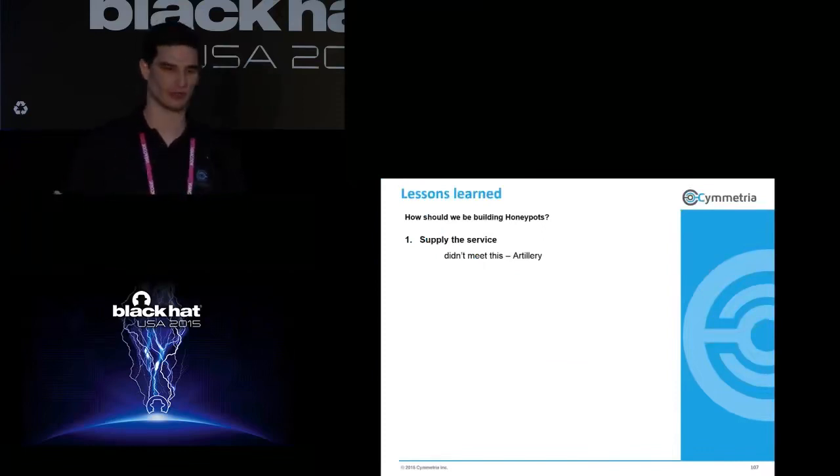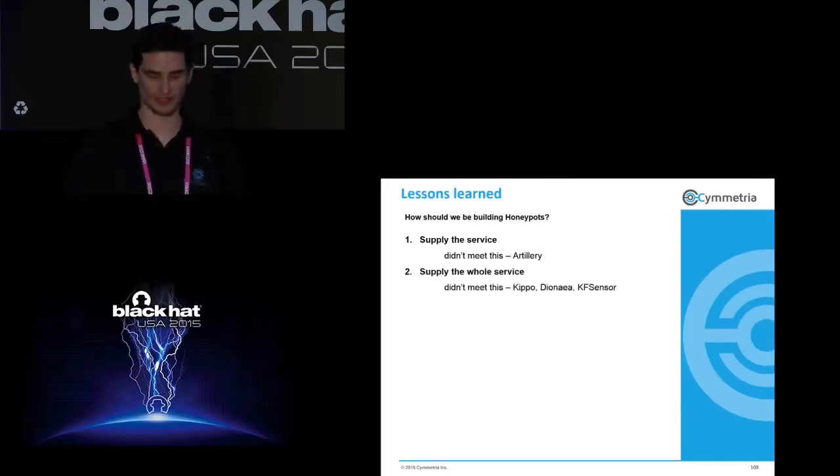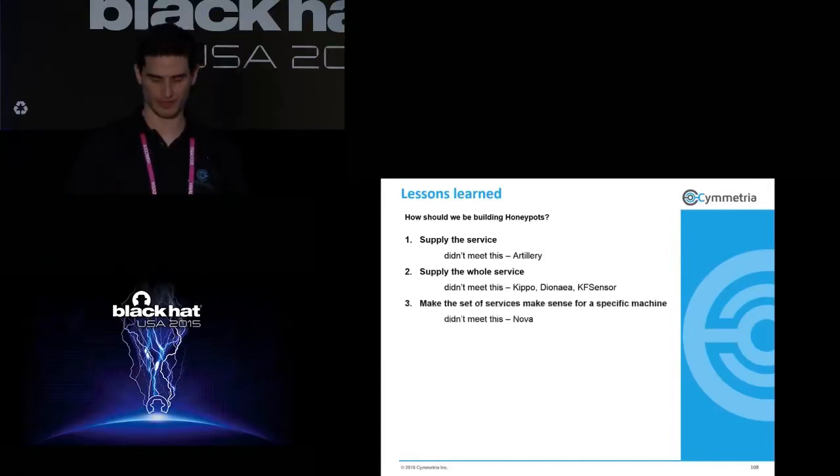It just gave random data. Then you have to supply the whole service, like we saw on multiple occasions that different commands weren't implemented. Then you have to make the set of services make sense, like we saw in Nova, that though some services are genuine, it doesn't make sense for a whole machine to look like that if another service doesn't work that way.